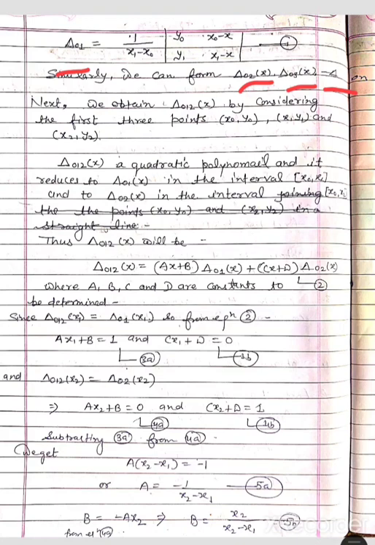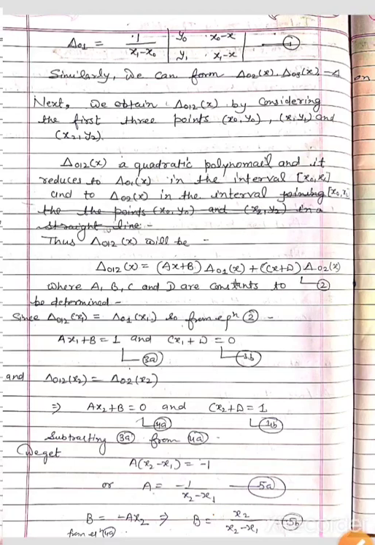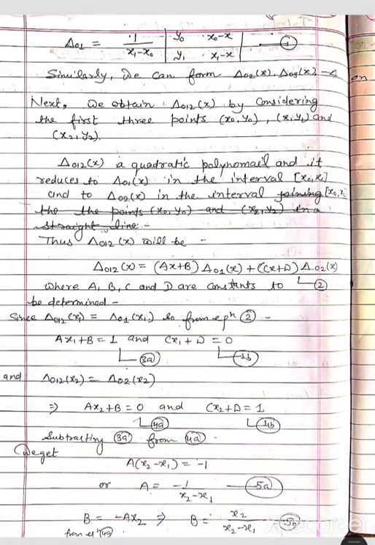Next, we obtain the second approximation delta 0 1 2 x by considering the first 3 points 0, 1 and 2, which are x0 y0, x1 y1 and x2 y2, and considering delta 0 1 2 x as a quadratic polynomial which has the property that it reduces to delta 0 1 x in the interval x0 x1, and reduces to delta 0 2 x in the interval x0 x2.